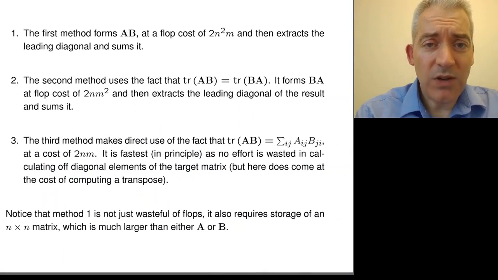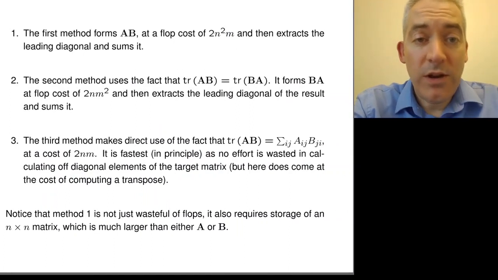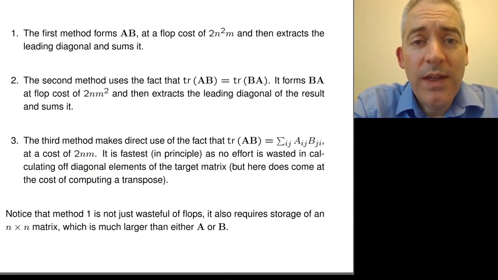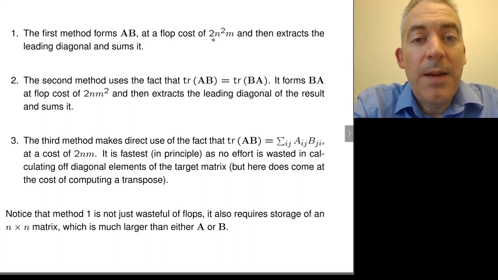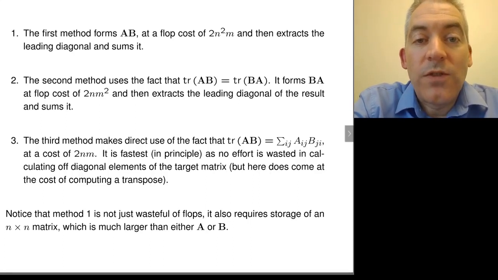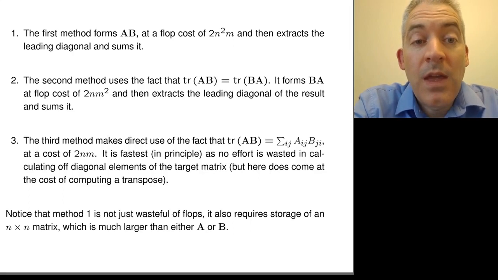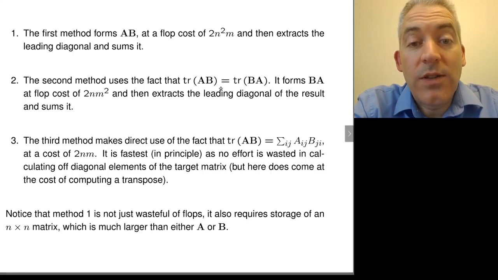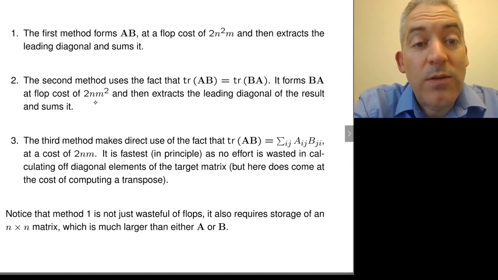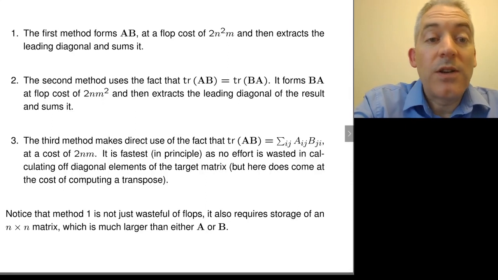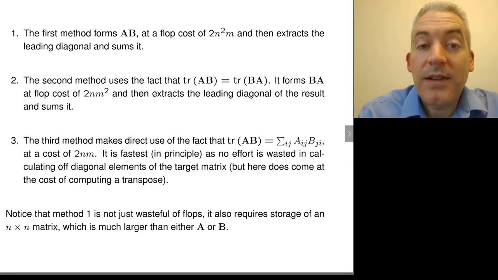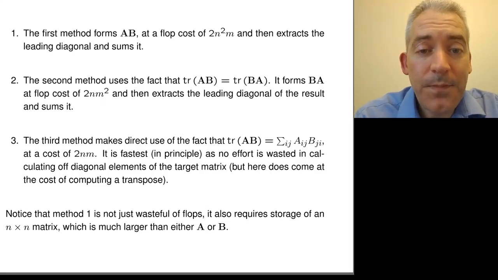Okay, so let's make sure we understand this and why it works. The naive method had a cost of 2n squared m. The second method relied on the fact that the trace of AB is the same as the trace of BA. If we work out the flop cost, it's now 2nm squared, and because here n was bigger than m, that's going to be smaller.